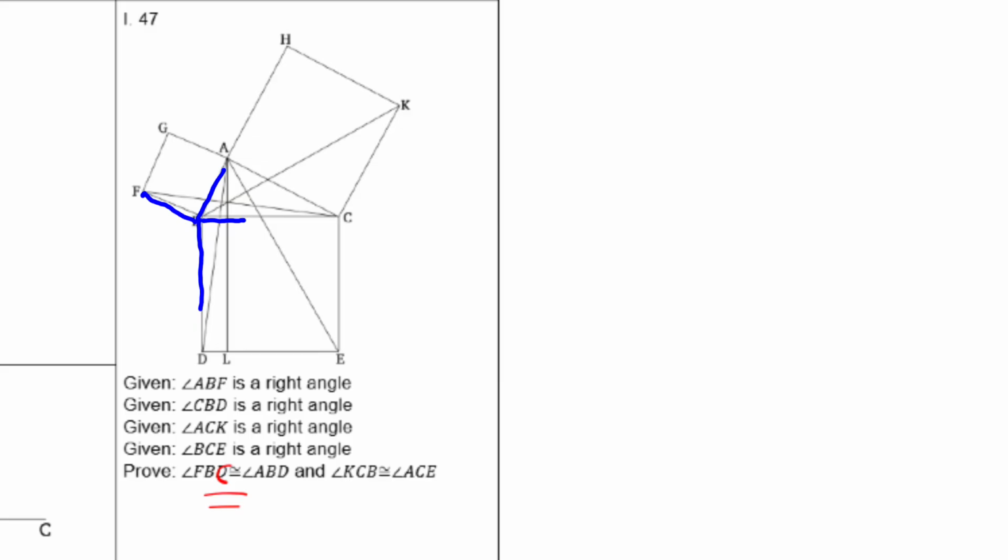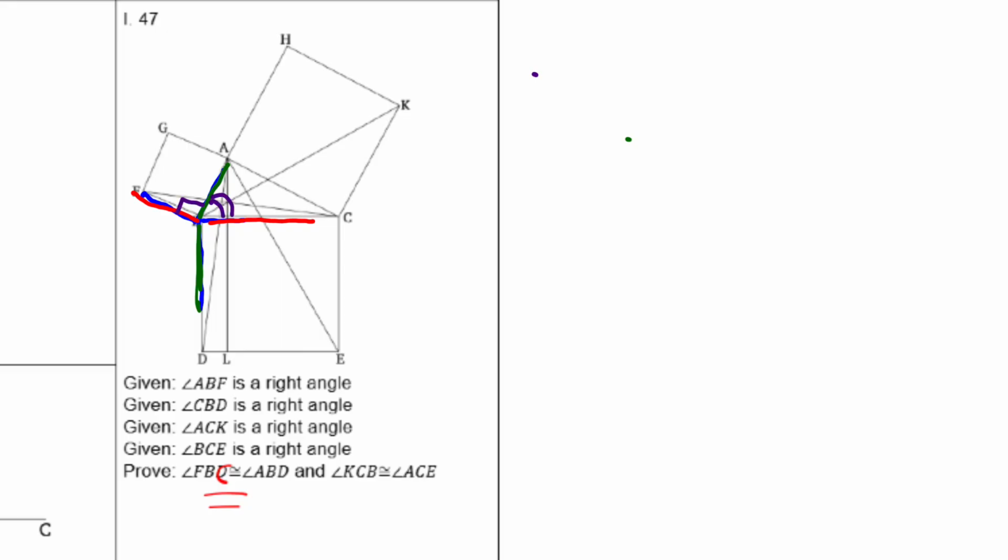And our goal, at least for here, is to prove that angle FBC, which is this obtuse angle, is congruent, I'm going to make it a different color, is congruent to ABD, which is this other obtuse angle. And the way we do that is noticing this shared piece in the middle, this piece right here.